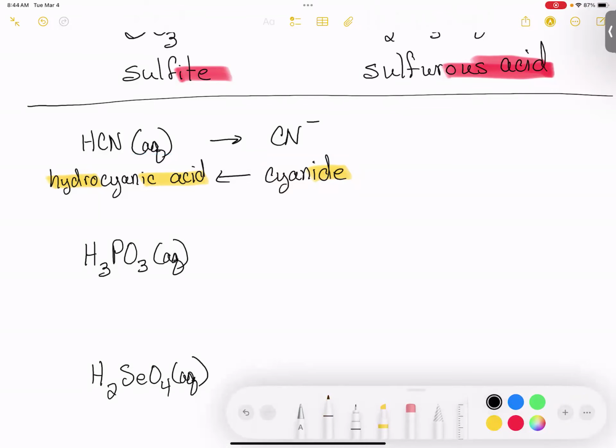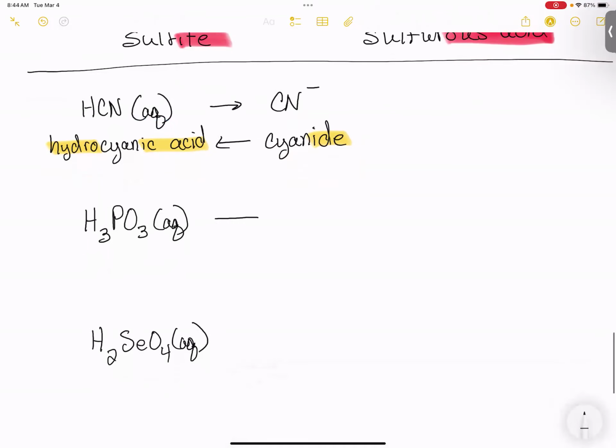It'll be easiest to always start with what is the anion. The anion in this case is PO3 3 minus, which is what? It is phosphite.